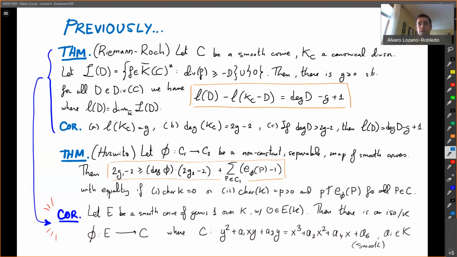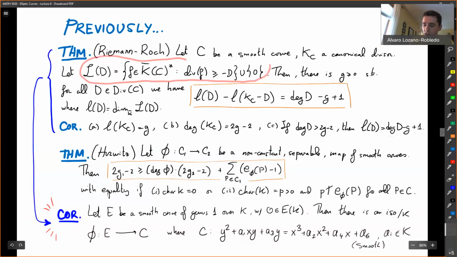Last time we stated the Riemann-Roch theorem, and the Riemann-Roch theorem is a theorem that says something about these spaces of functions with some prescribed orders of zeros and poles, or orders of zeros, prescribed orders of zeros, and prescribed how bad some poles can be. And it gives you the dimension of those spaces, and it gives you some formulas about them.